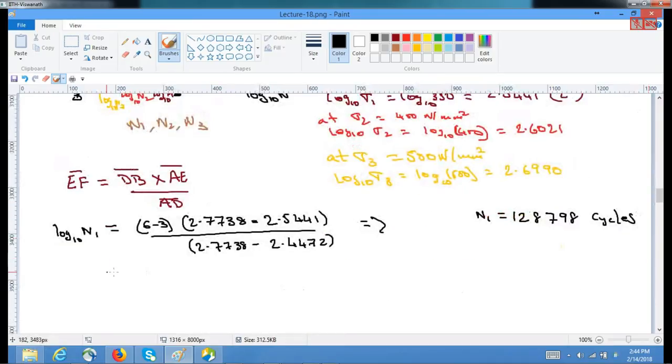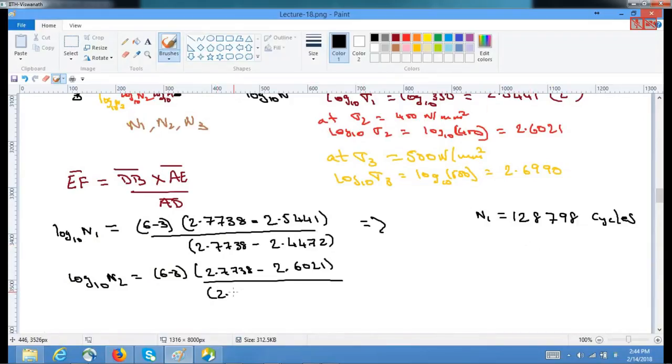For N2, log 10 N2 is equal to minus 2.6021 divided by 2.7738, 2.4472, which equals 37770 cycles.